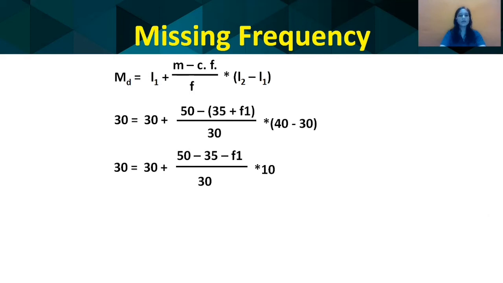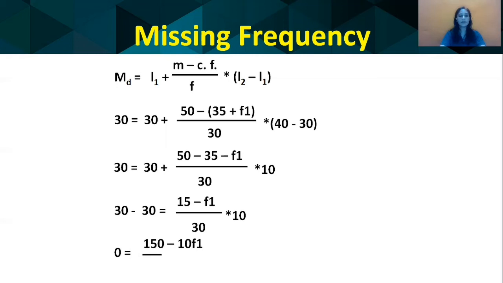Now we can transpose the right hand side 30 to the left hand side, so that will become minus 30. So it is 30 minus 30 equals (50 minus 35, which will give us 15, minus F1) divided by 30 into 10. So 30 minus 30 would be 0. Now we can multiply 10 with the (15 minus F1). So it is (150 minus 10 F1) divided by 30.